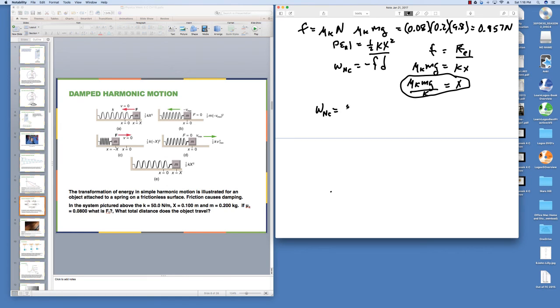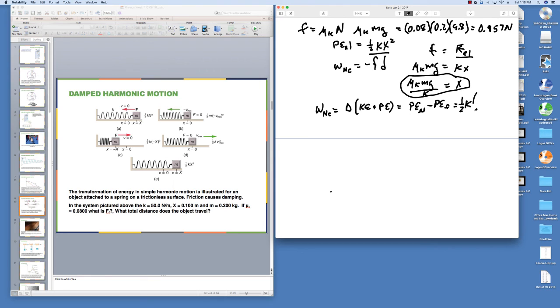So this work of friction is going to equal the change in kinetic energy plus potential energy, which is going to equal the elastic potential energy minus the potential energy expended to overcome friction.